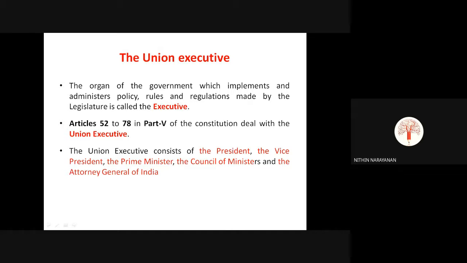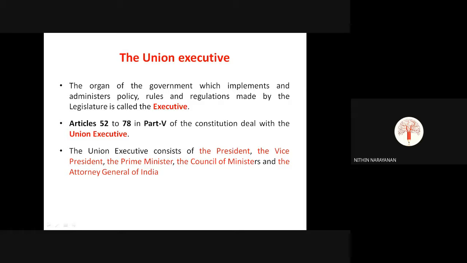So what is this executive? Who all constitute this executive? The executive is an organ of the government which implements and administers policy, rules and regulations made by the legislature.